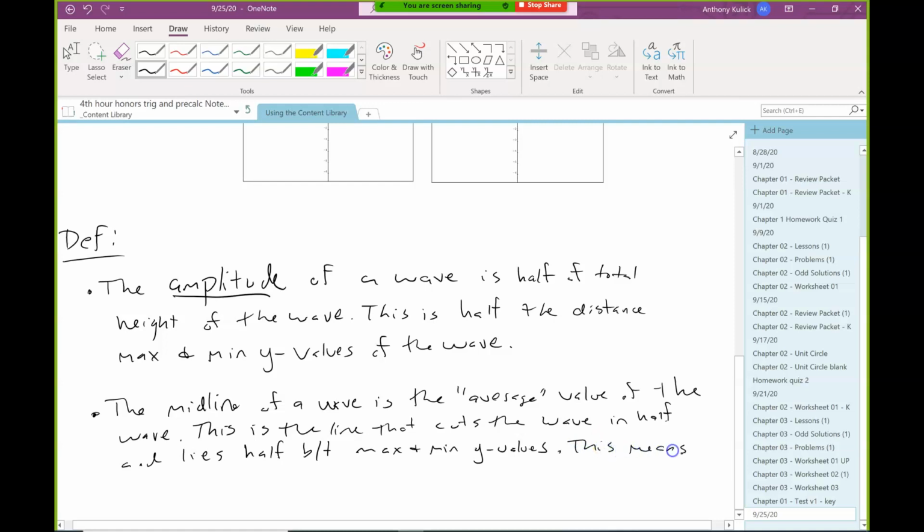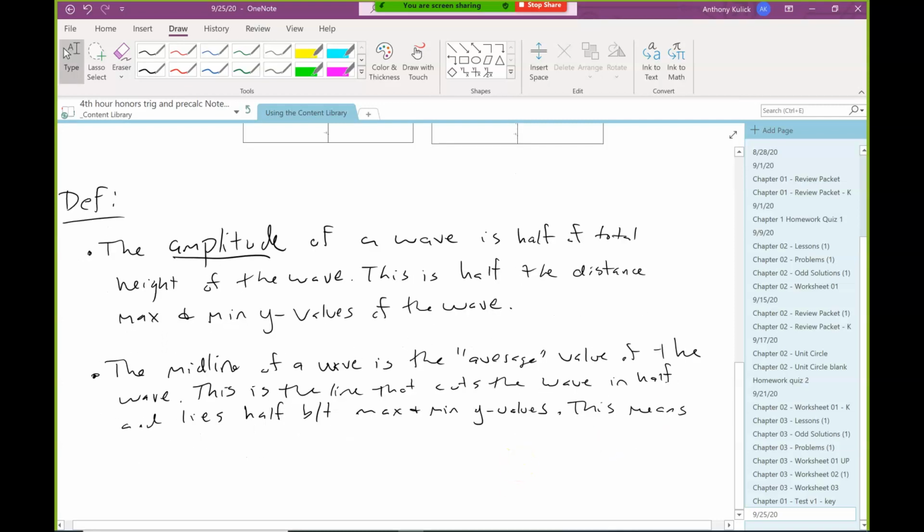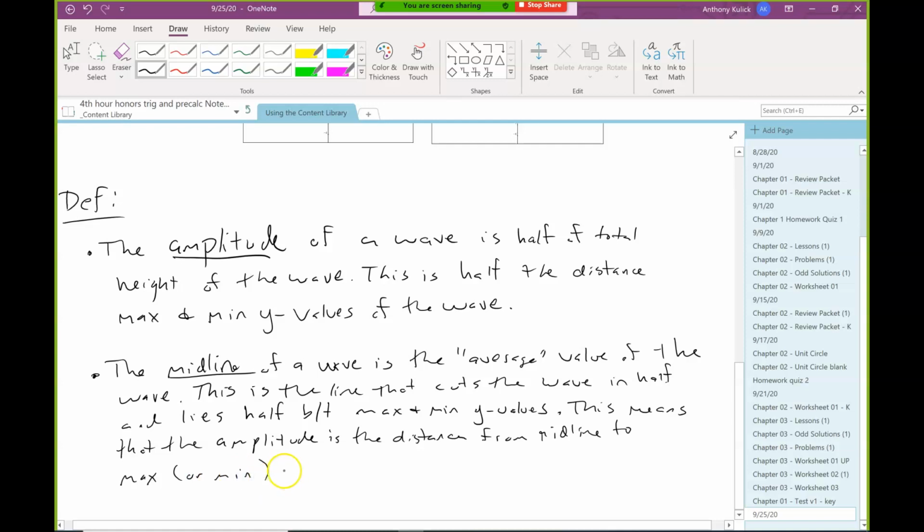This means that the amplitude is the distance from the midline to the maximum or minimum y value.